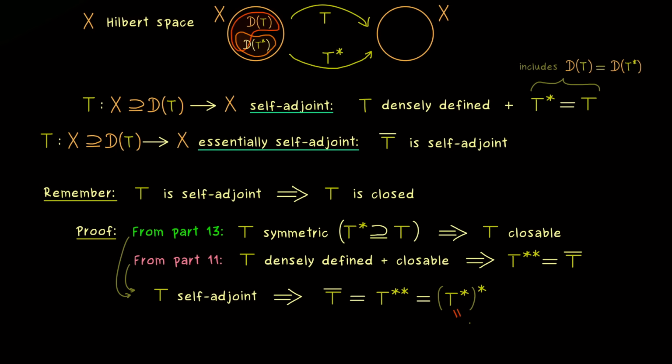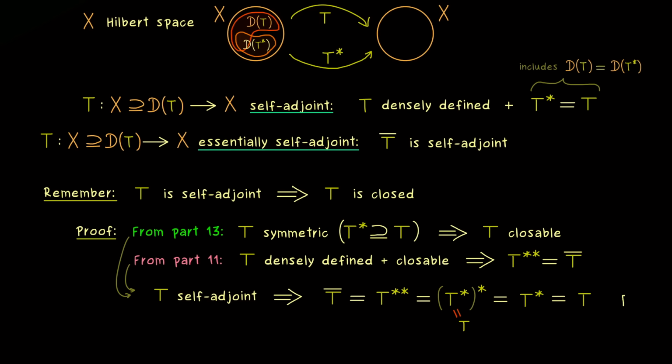However, by the self-adjointness, T star here in the middle is just given by T itself. Which means we just have this outer star here, so T star again. And then in the last step we can just use the self-adjointness again and we get T on the right hand side. So the conclusion of that is that the closure of T is just T itself, which means T is already a closed operator.